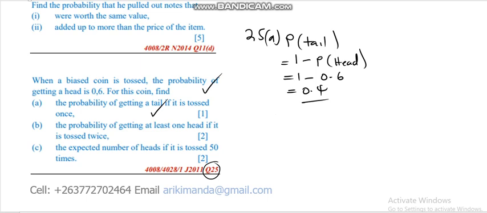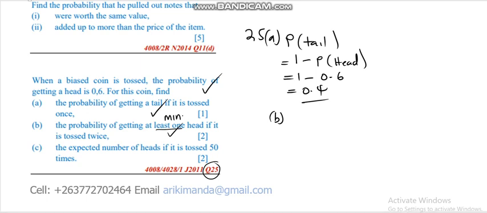We proceed to B. What does the question B say? It says, find the probability of getting at least one head. The word at least means minimum. It simply means we are going to select probabilities that include a head or heads.